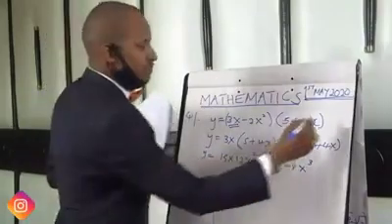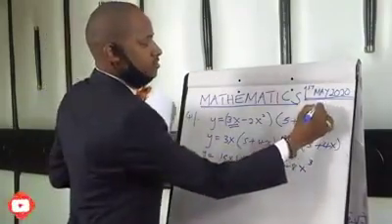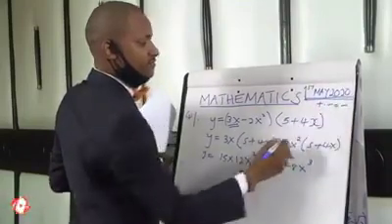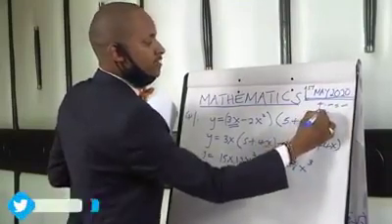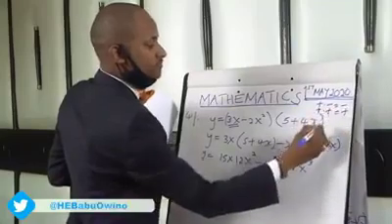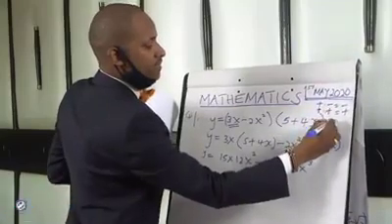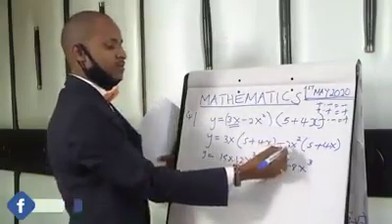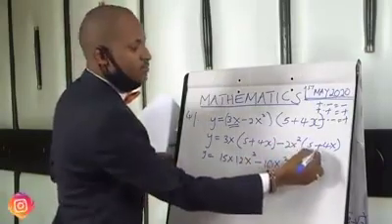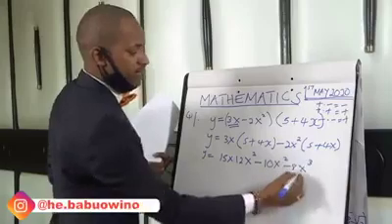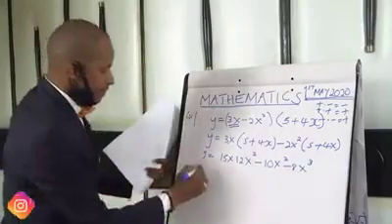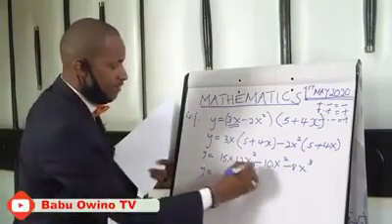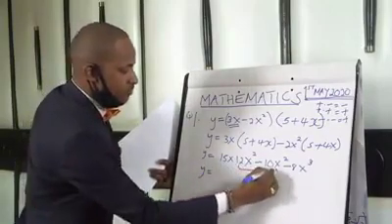Now there's a fundamental rule that you'll just note. When you have positive multiplied by negative, you get negative. Positive multiplied by positive, you get positive. Then negative multiplied by negative, you get positive. That's why when we have minus 2x squared times plus 4x, you get minus 8x cubed. Now, our y becomes, you simplify further by collecting the like terms.